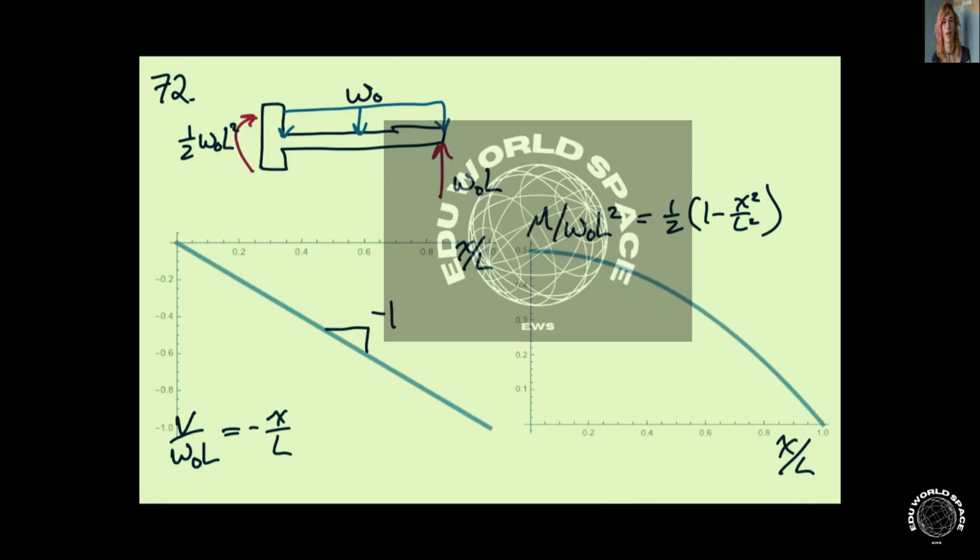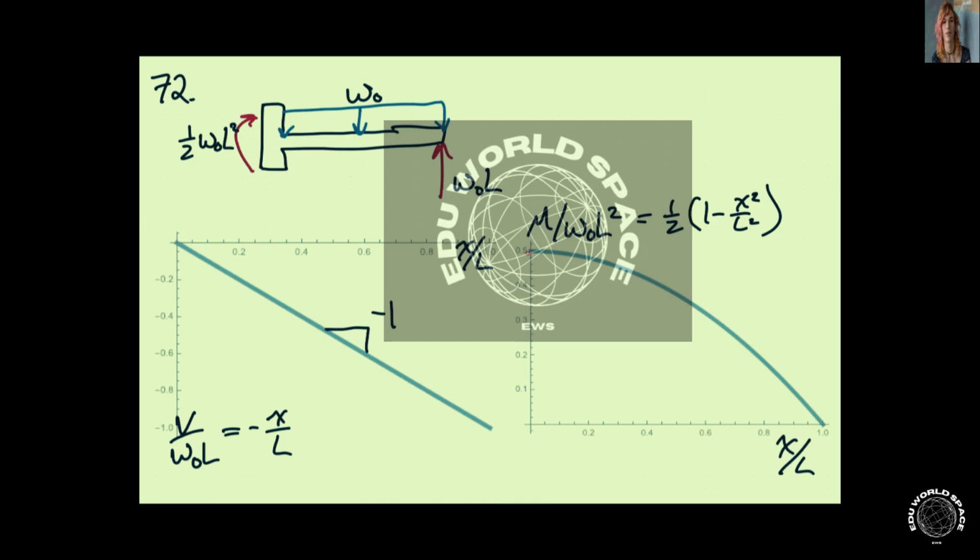If we come over here, we can see that the slope of this curve is actually the value of this curve. So up here we have a zero slope, and down here we have a slope of -1 if we plot m over omega naught L squared and x over L.